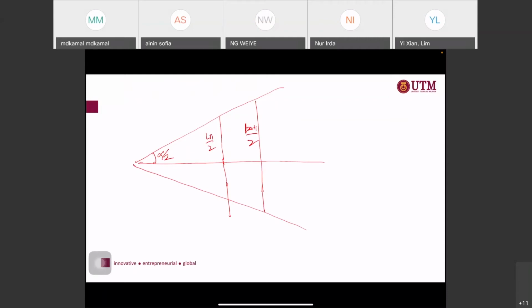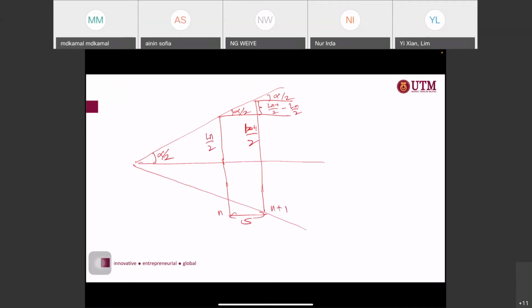And this one is the same thing, still alpha over 2. This length is equal to Ln plus 1 over 2 minus Ln over 2. This is the spacing S, between your n and n plus 1.